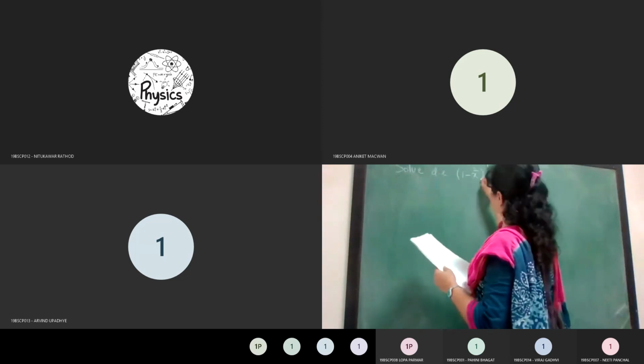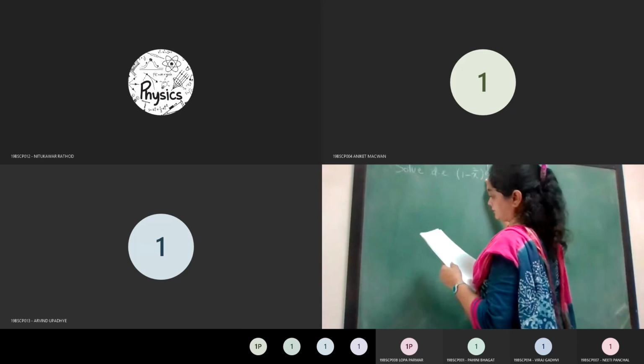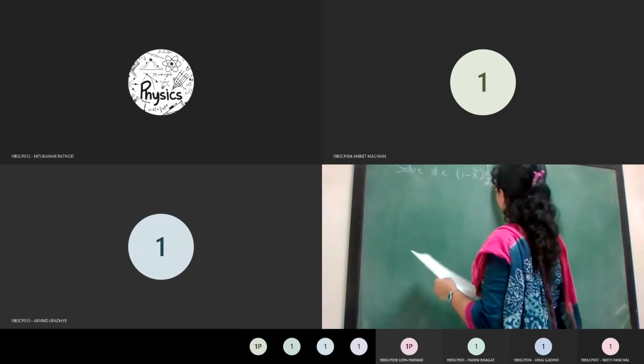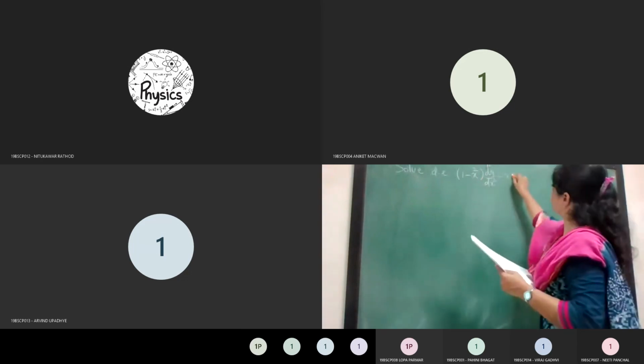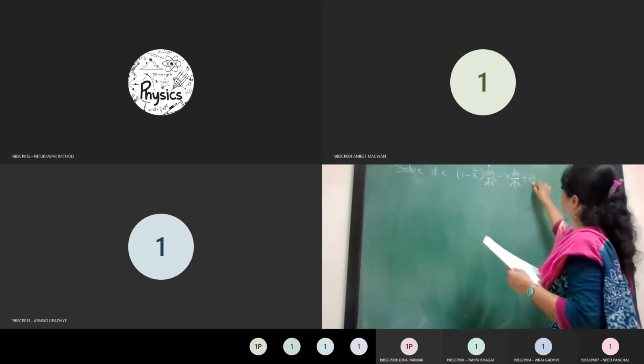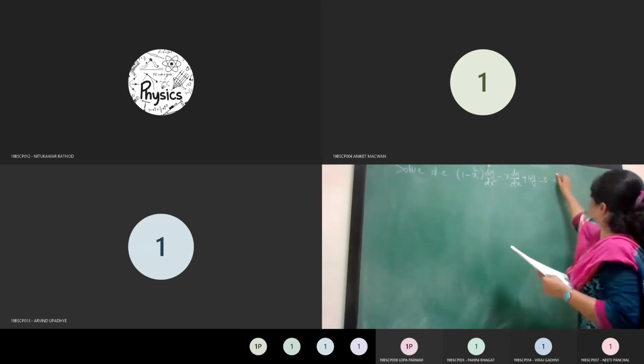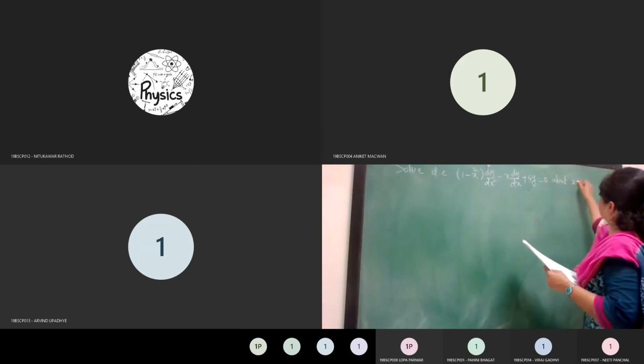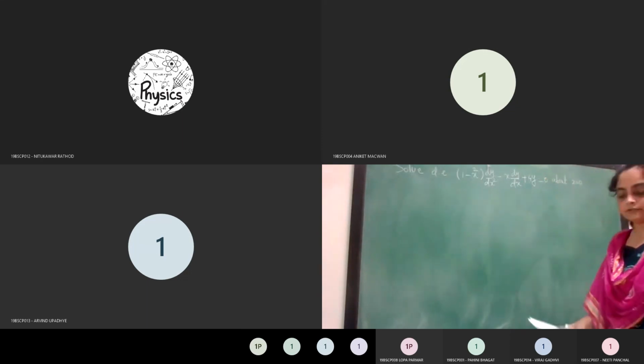Solve the differential equation: d square y by dx square minus x dy by dx plus 4y is equal to 0 about x is equal to 0.